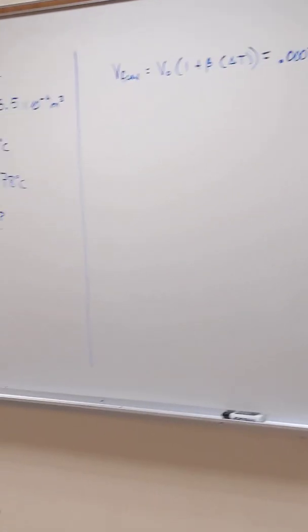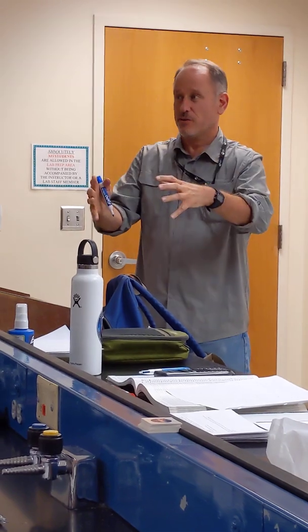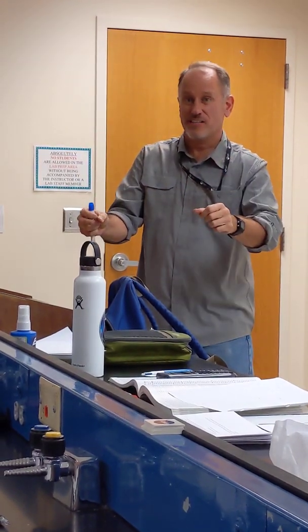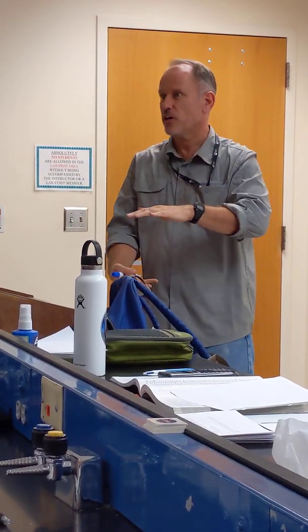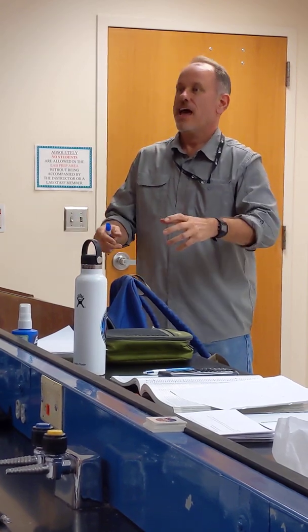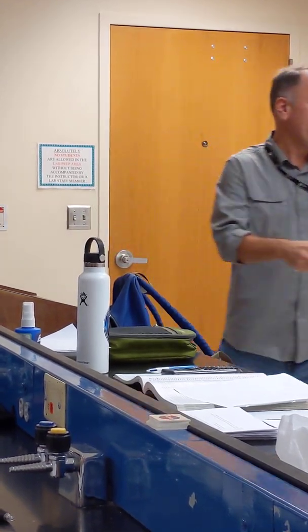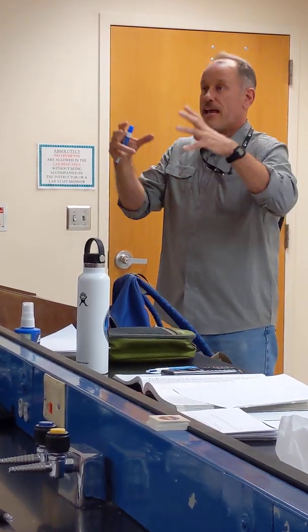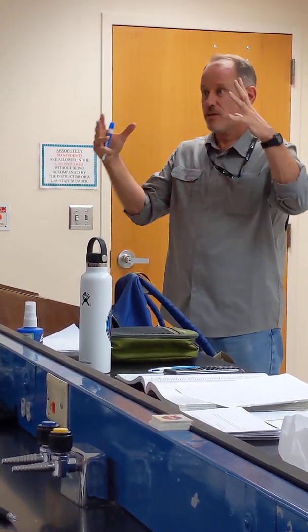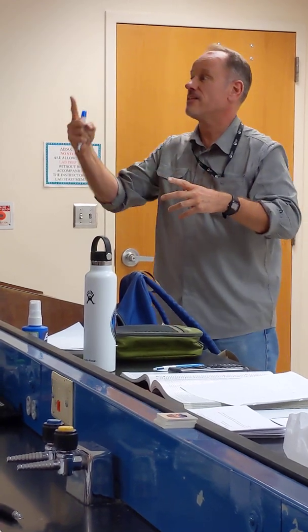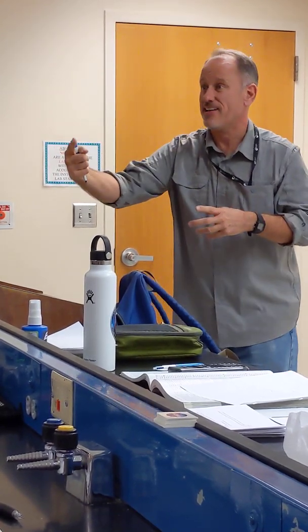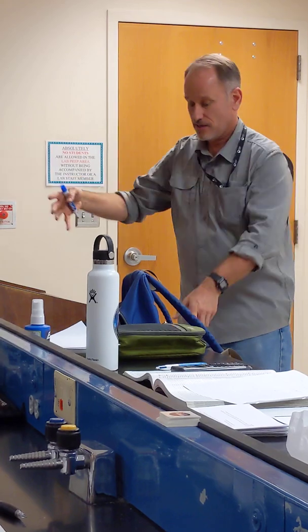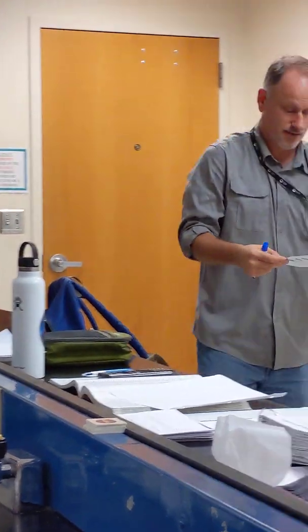Now, let me make sure we're clear. I have a can. The can is full of liquid. Before we change the temperature, they both have the same volume. As I heat them both up the same way, the can expands, the liquid expands. The liquid expands faster than the can, so it spills. How much is spilled?